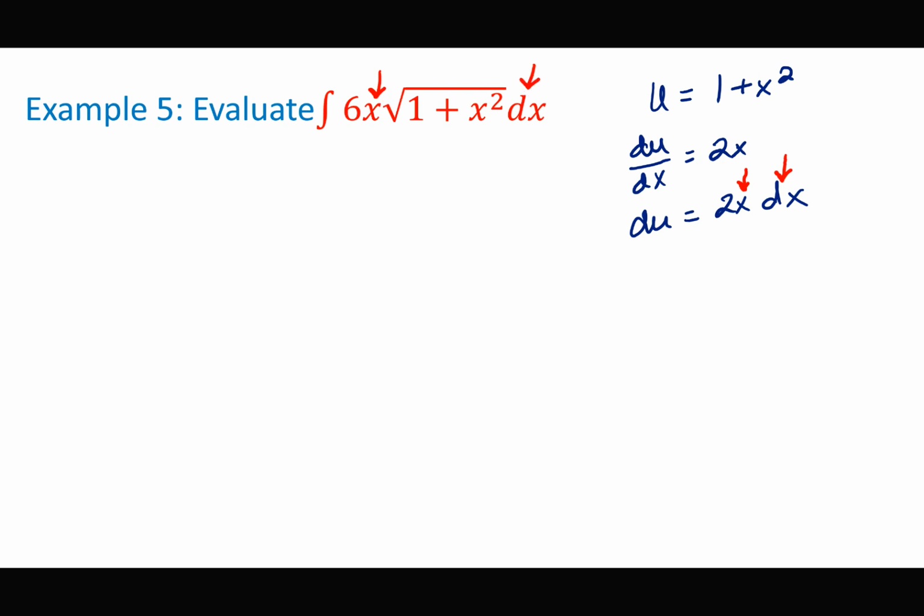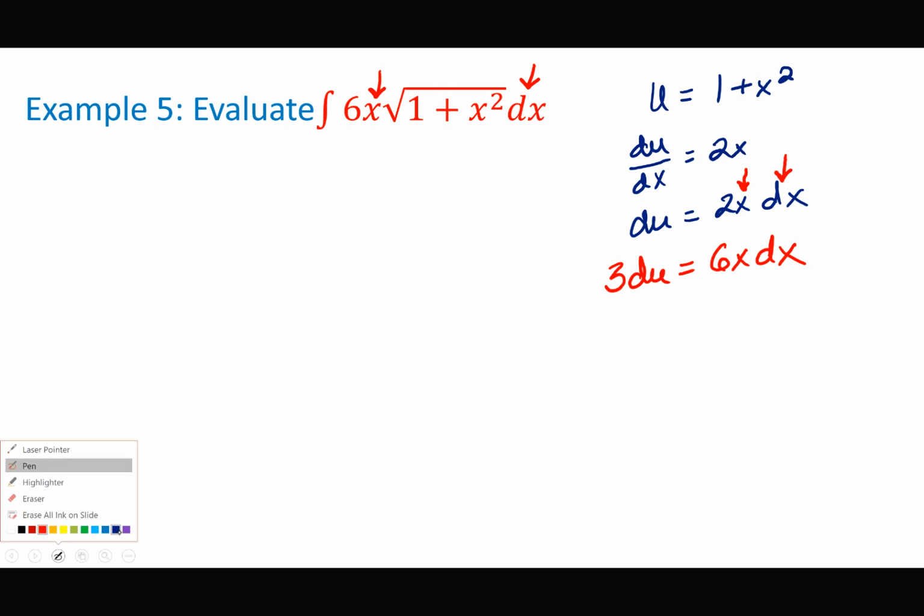But I have a 2 instead of a 6. There we go. Let's multiply everything by 3. When we do it on both sides, it still maintains our equivalent expression. And so 3 du is 6x dx.